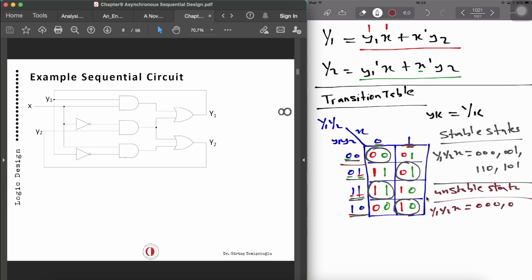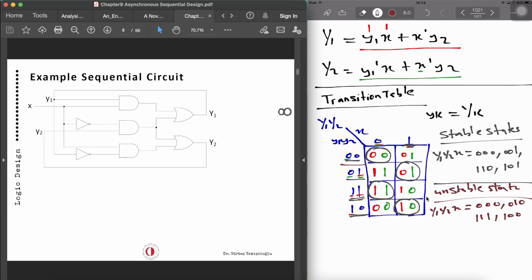Then 0, 1, 0. And then we have got 1, 1, 1. And 1, 0, 0. And these are all our unstable states. So this is how we do the analysis related with these equations of the asynchronous sequential circuit.